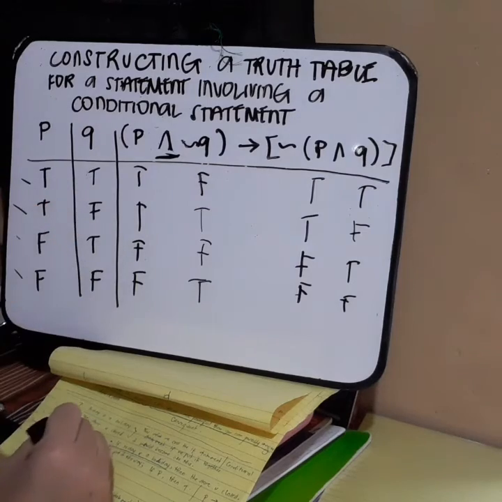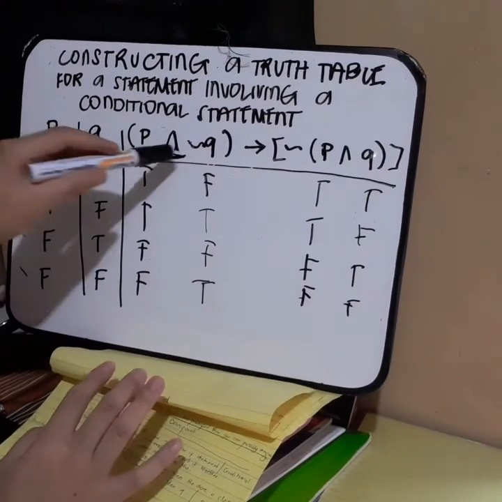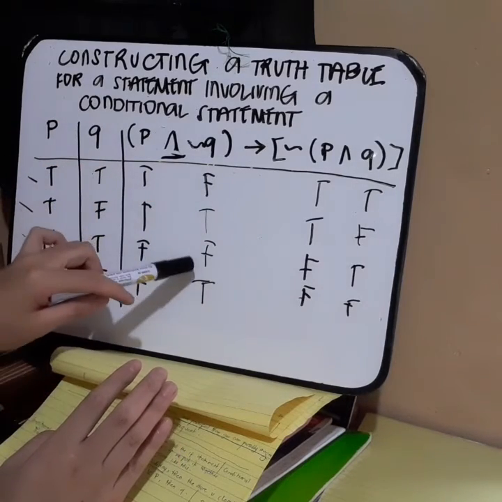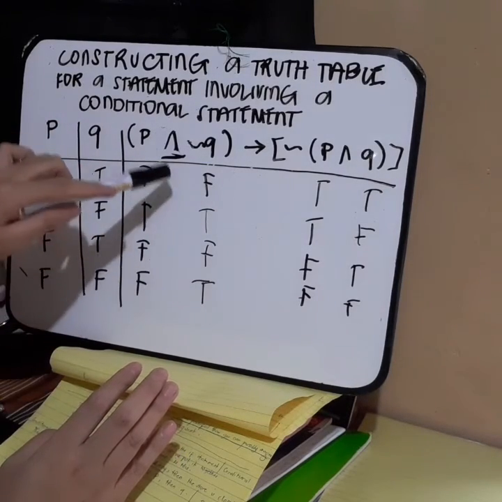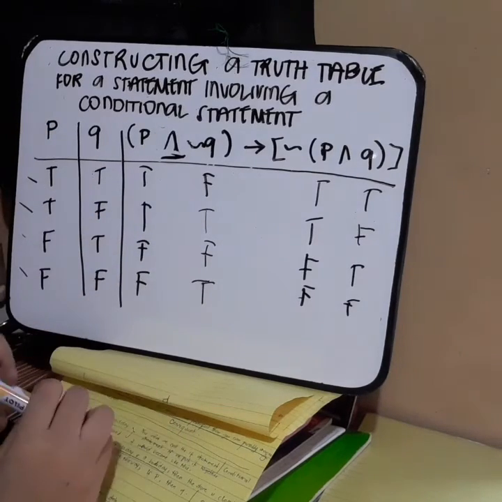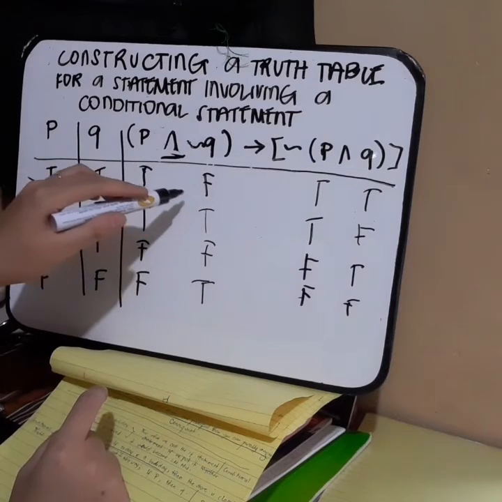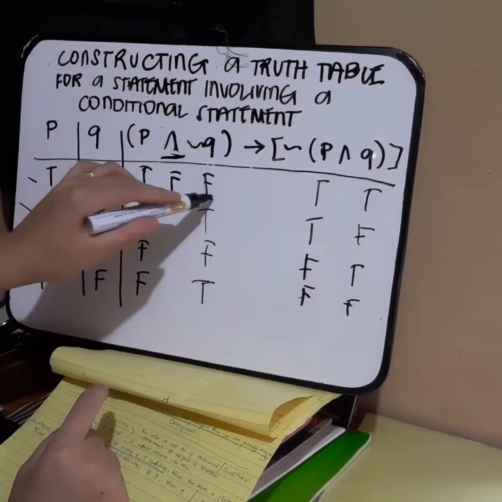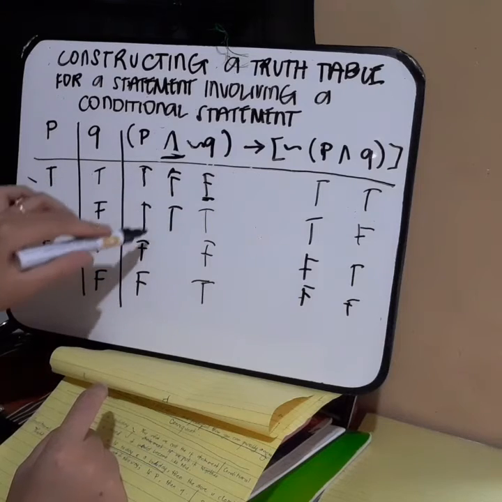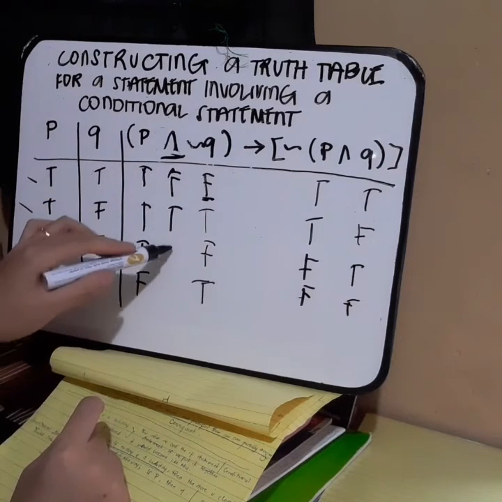So, how are we going to put that? Itong AND na to, ang sabi kasi, pag may ganitong sign, whatever the statement is, pagka meron siyang false dito, magiging false parati ang statement. Kung true, true, magiging true ang statement. So, like for example here, true, false, magiging false siya kasi may false dito. Same here, true, true, so magiging true siya kasi both are true. How about false, false, so magiging false pa rin.